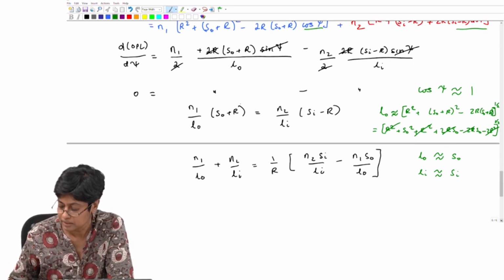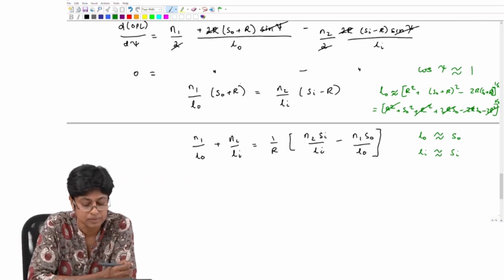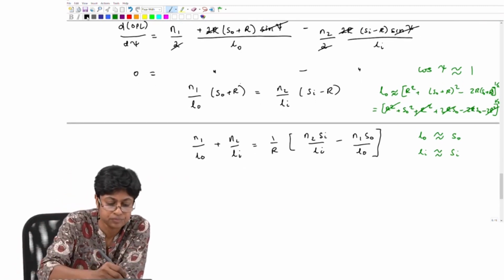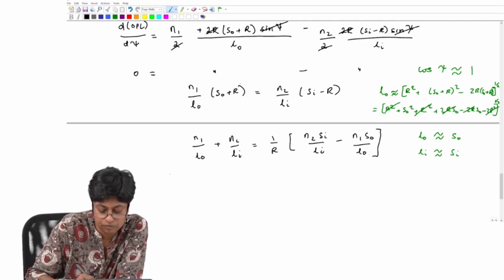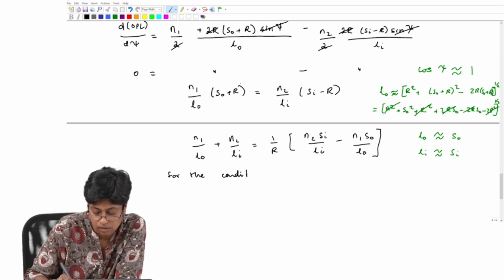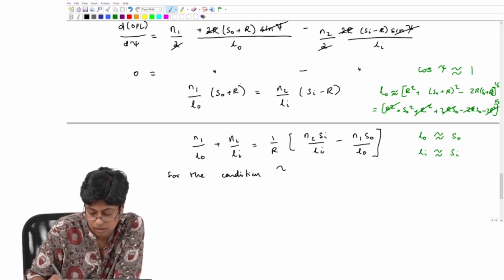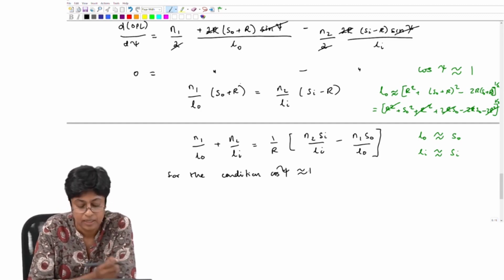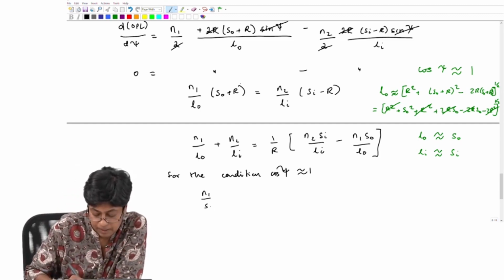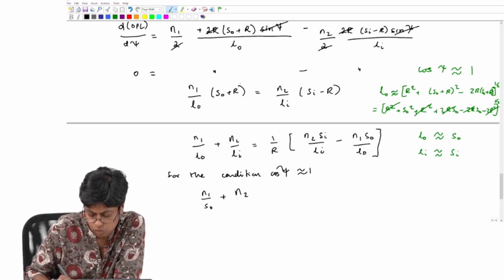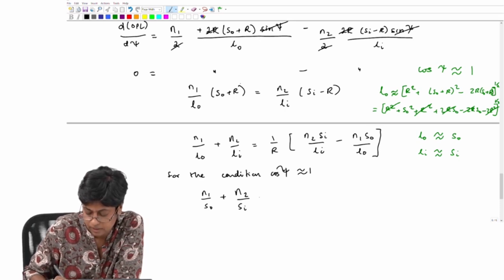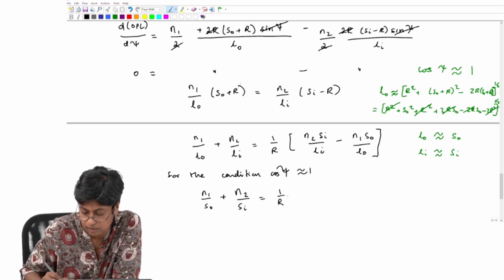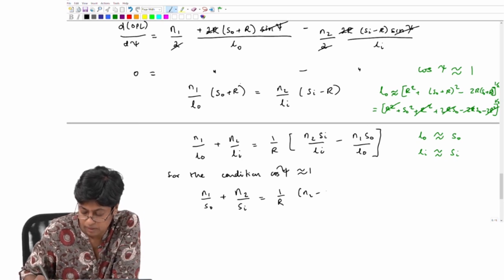If I now apply this condition to this equation, for the condition cos psi is almost equal to 1, then I have n1 by s naught plus n2 by si is equal to 1 over r times n2 minus n1.